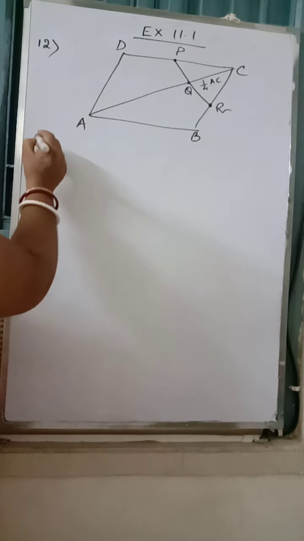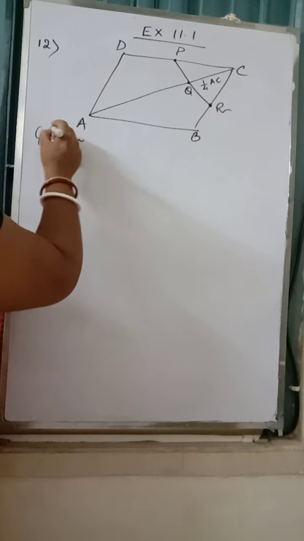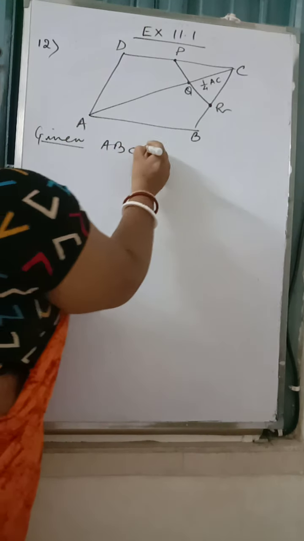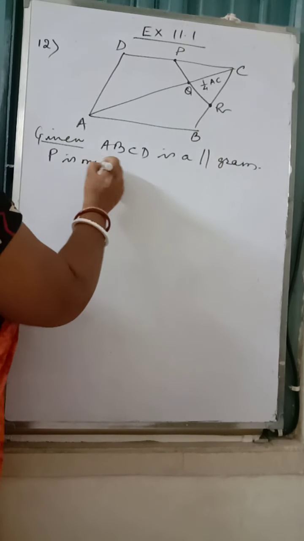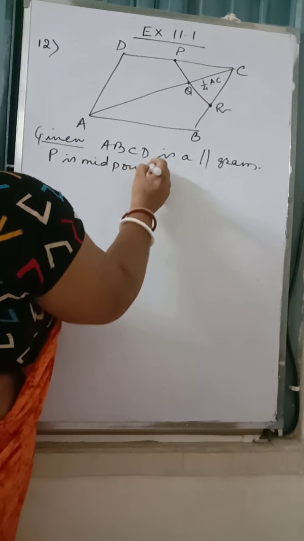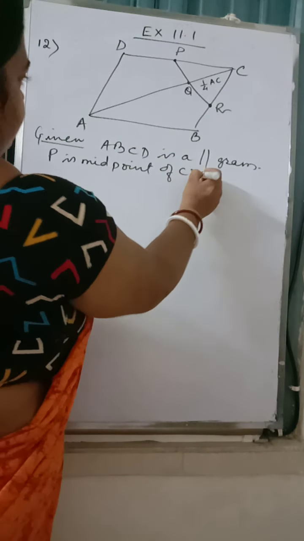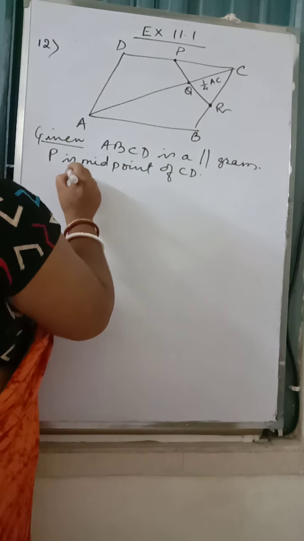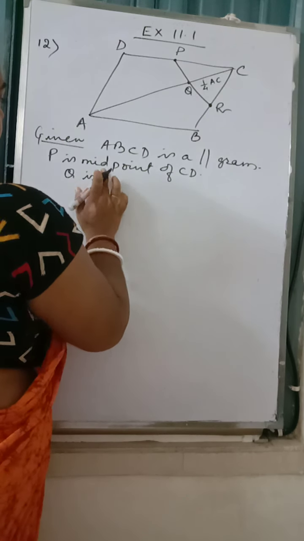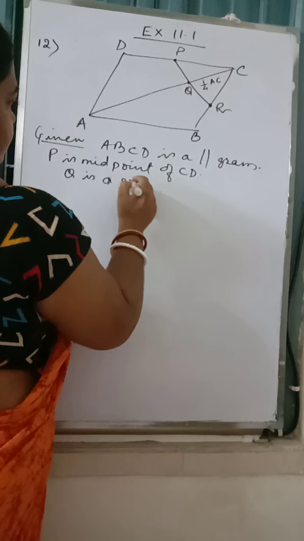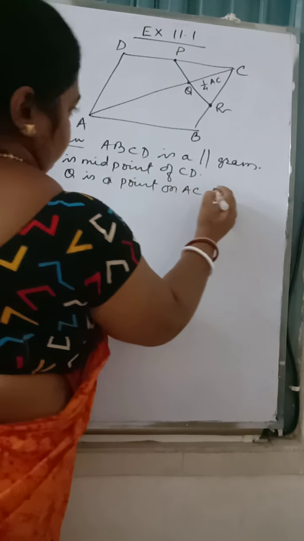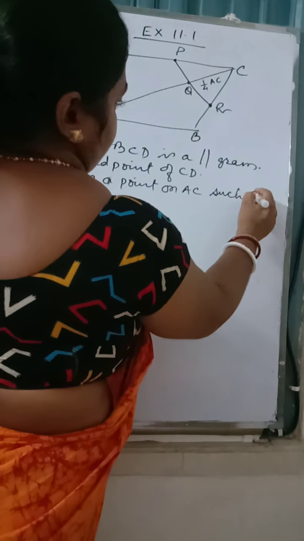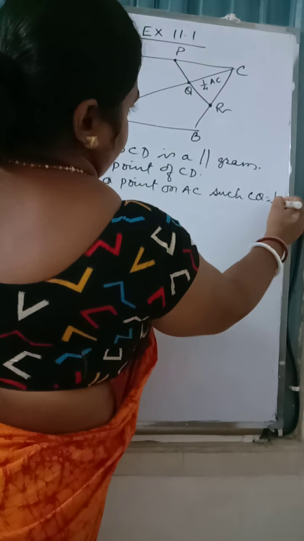Given, you can see I have constructed the figure already. ABCD is a parallelogram. P is a midpoint of CD. Q is a point on AC such that CQ is equal to 1 by 4 AC.